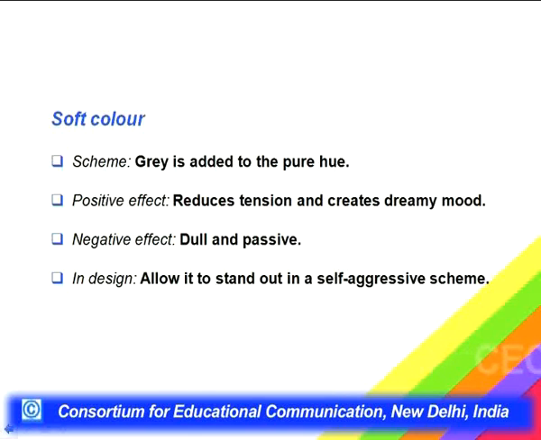It has some positive effects. It reduces tension and creates a dreamy mood. It is better than the monochromatic scheme. In monochromatic, there is only a single color. In this scheme, we can find many colors, but they are very subdued, dull, and that is why it is a bit passive, but creates a dreamy mood.